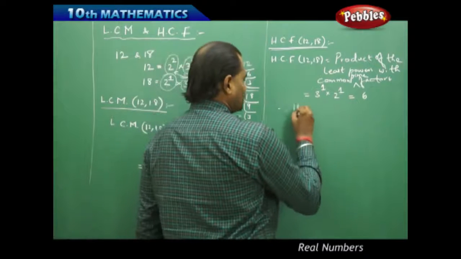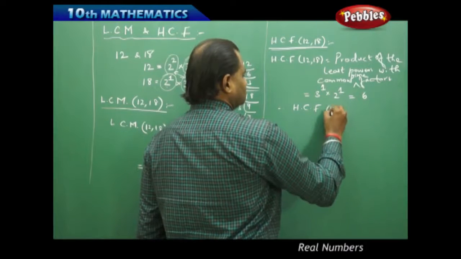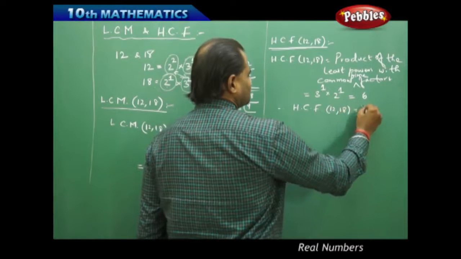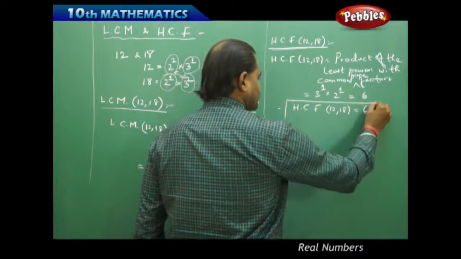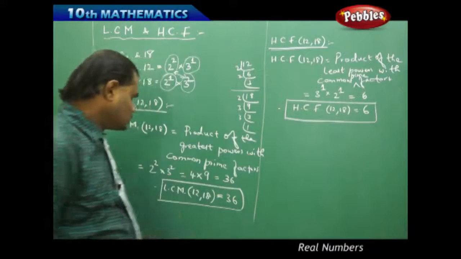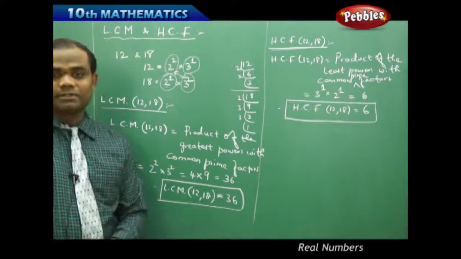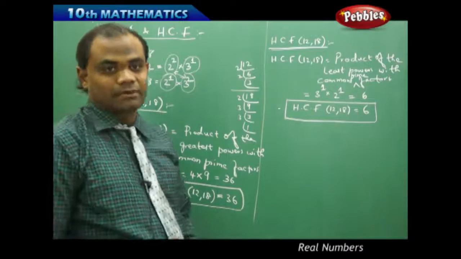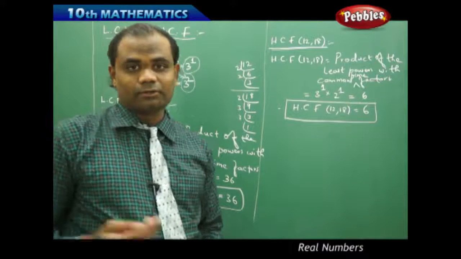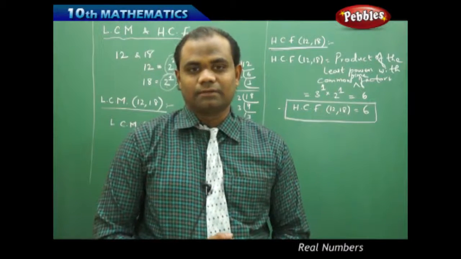Therefore, the highest common factor of 12 and 18 is 6, and the least common multiple of 12 and 18 is 36. This is how I identify the difference between LCM and HCF.